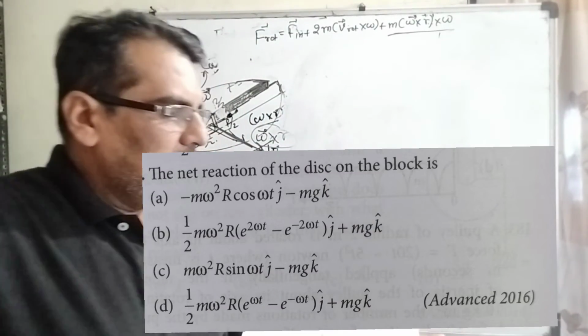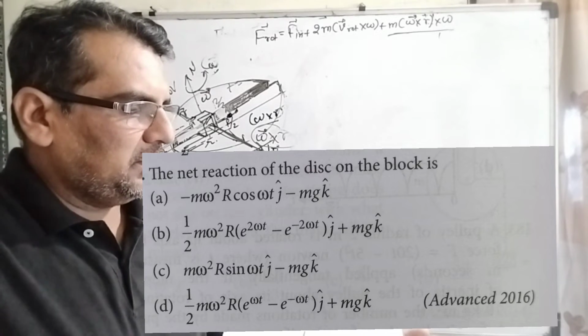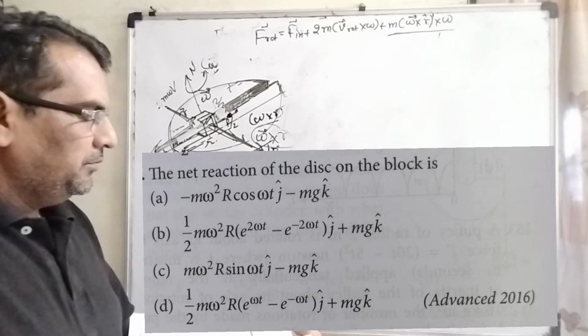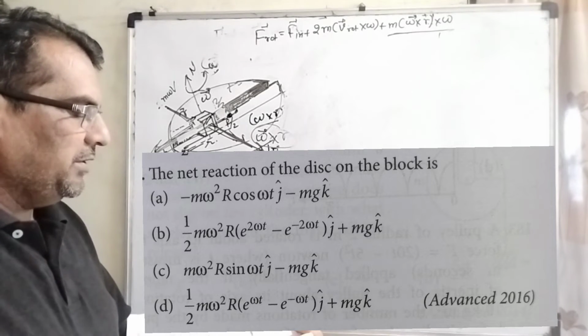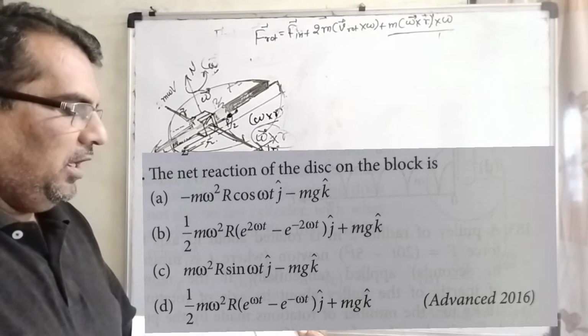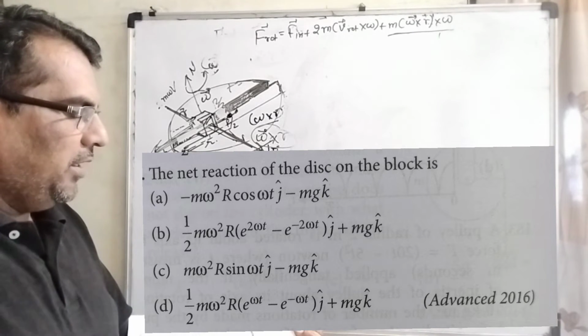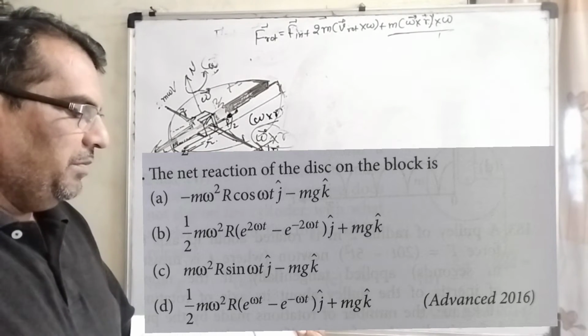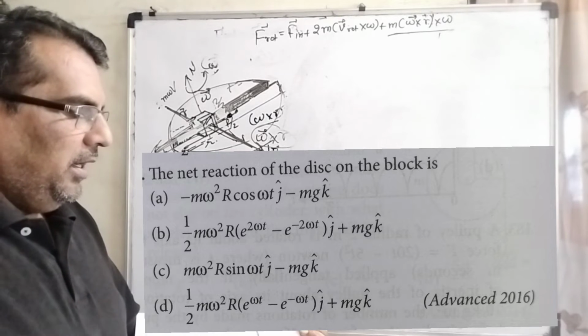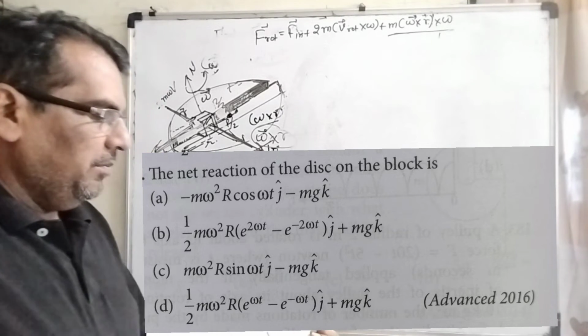Now the second part: the net reaction of the disk on the block. The four options: A, minus m omega square capital R cos omega t j cap minus mg k cap. Option B, 1 by 2 m omega square capital R into bracket e raised to power 2 omega t minus e raised to power minus 2 omega t, j cap plus mg k cap.